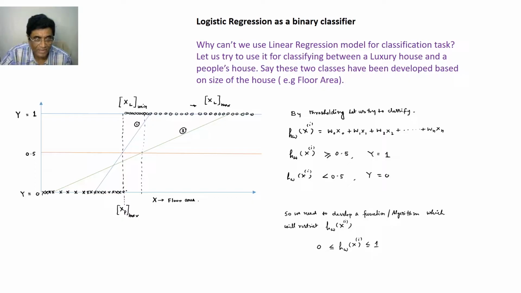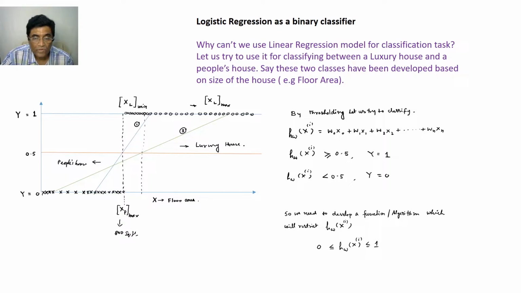Say we have done this, and say this is our maximum floor area, it could be 800 square feet. If it is less than that, we are classifying all the houses as people's house. So this is the class of people's house, and this is our class of luxury house.